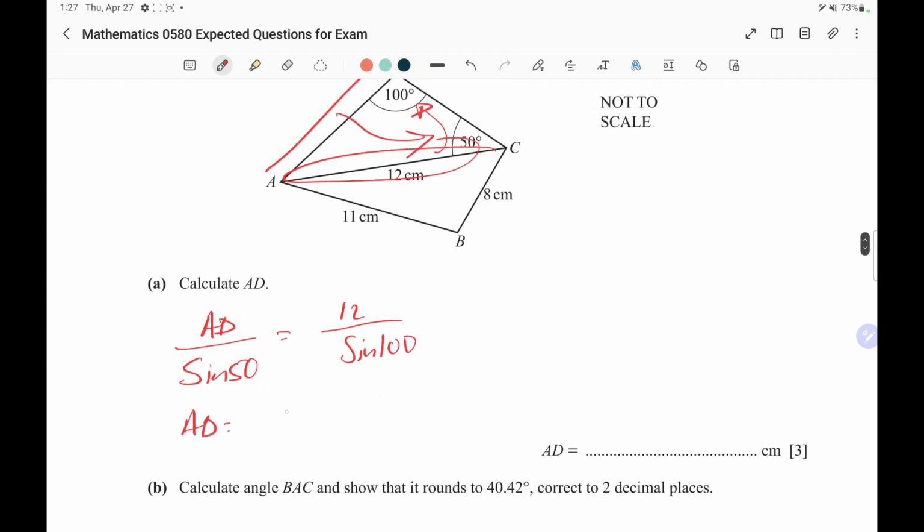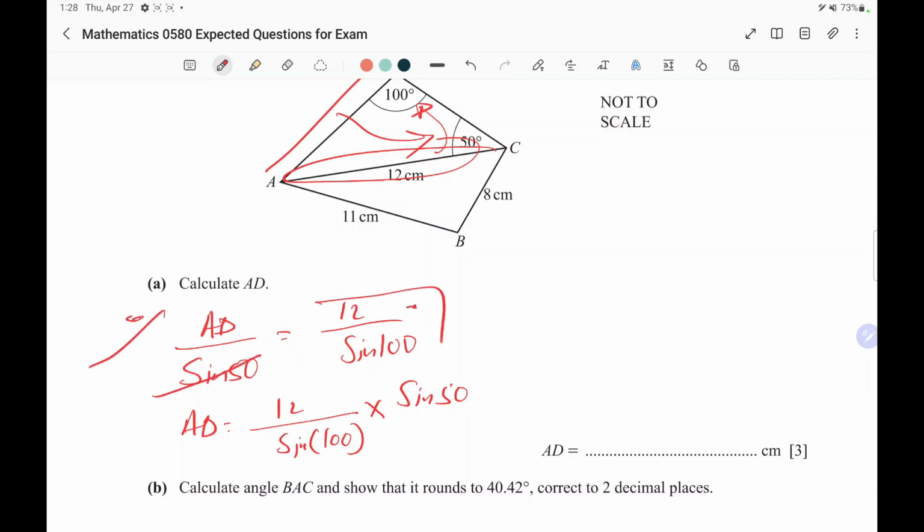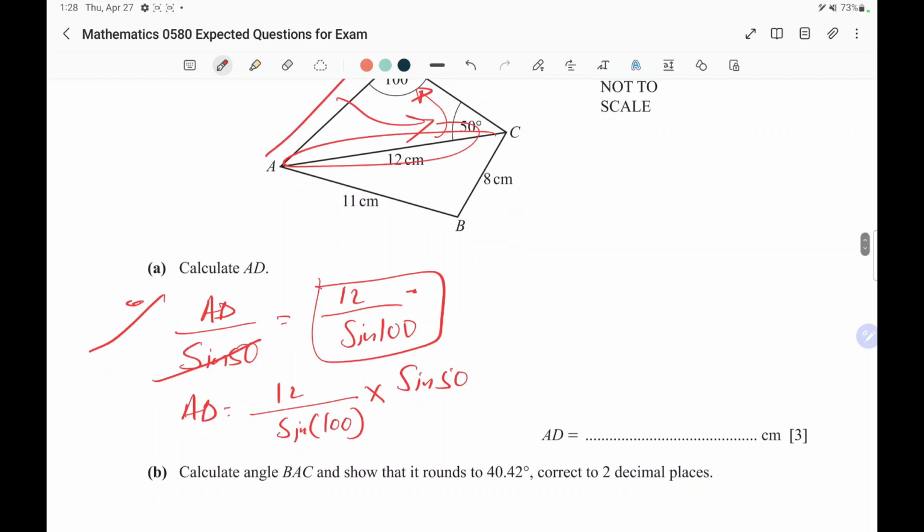So now AD equals 12 over sine of 100 times sine 50. Just multiply sine 50 here and here. Here you can cancel. So what we will get is 12 times sine of 50 over sine of 100. That is 6.21 I got.